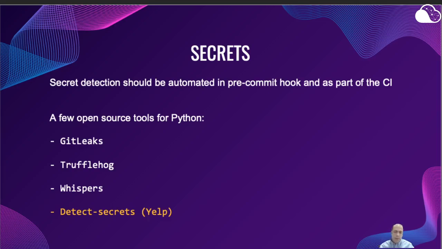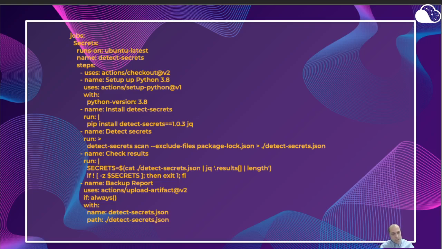Now, a lot of plugins exist to detect all sorts of secrets like JWT tokens or AWS and Azure keys and even basic auth credentials. So this is how the GitHub action is looking. Basically here we're checking out the code and we're setting up the Python environment, and then we're installing the detect-secrets PyPI package and also some other package called jq to process the results in JSON.